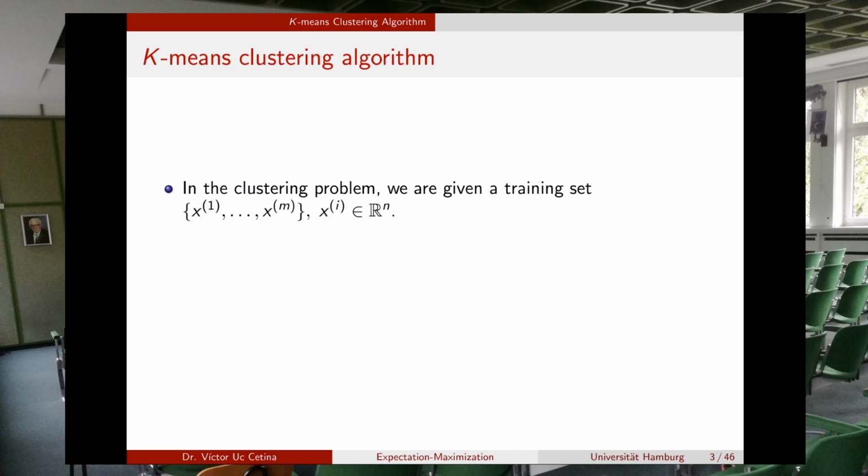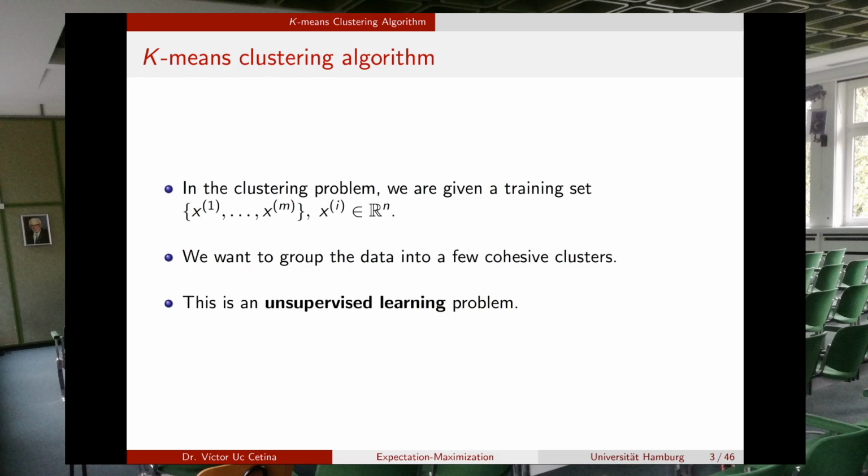Since we are talking about unsupervised learning, we don't have the labels of these input vectors. And the goal behind k-means is to group these input vectors into a few cohesive clusters. And this is an unsupervised learning problem, as I mentioned before.